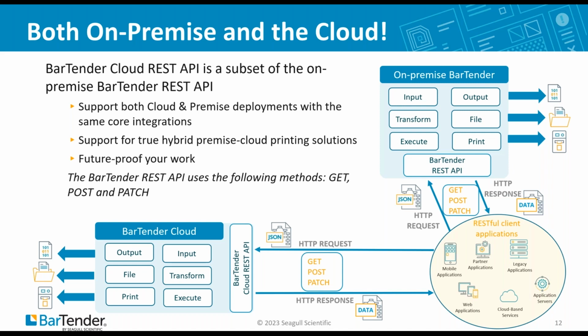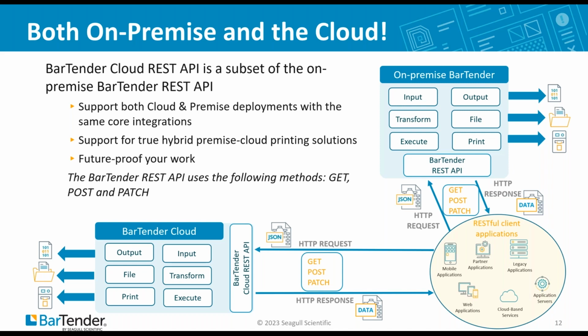So you can write one integration and then determine whether it's going to be printed through your premise BarTender or to a remote location through your cloud BarTender, simply by changing the address that the URL is going to. So this means that you are not going to have to do double work. You're not going to have to write one integration and then another one later on.